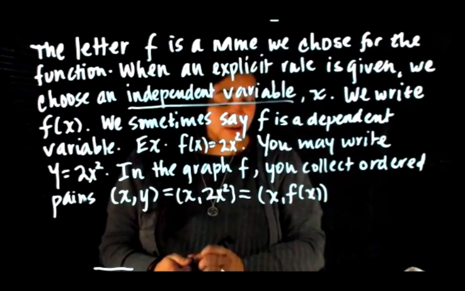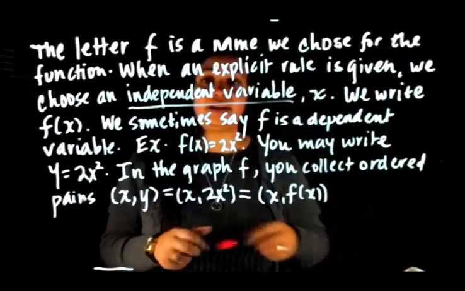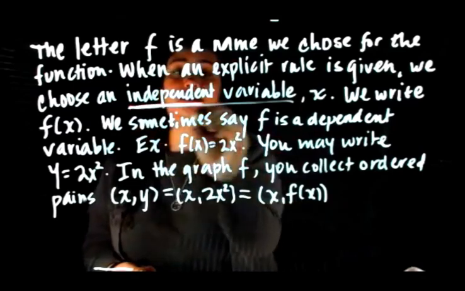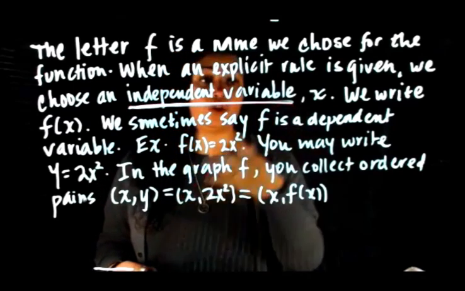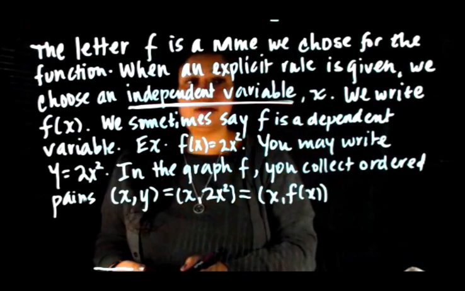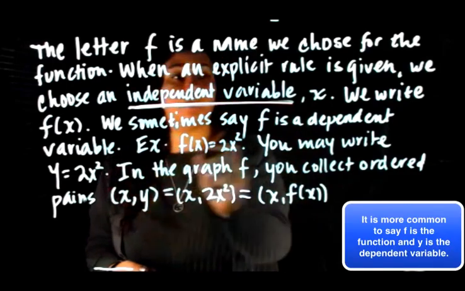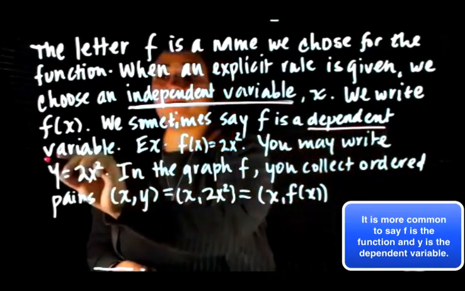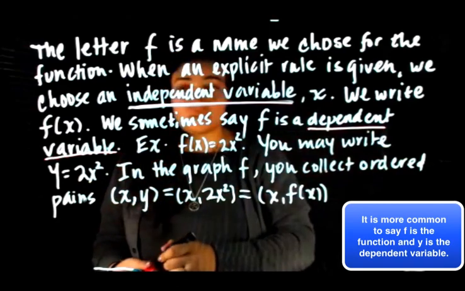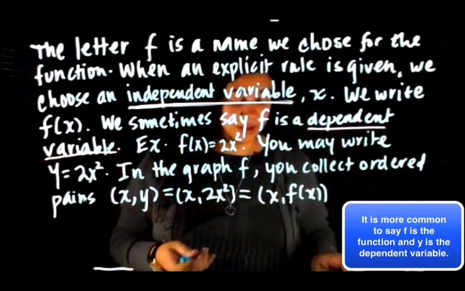What I want everyone to remember is that x is an independent variable. We chose it to be x, and y would be referred to as a dependent variable, or f would also be referred to as a dependent variable.